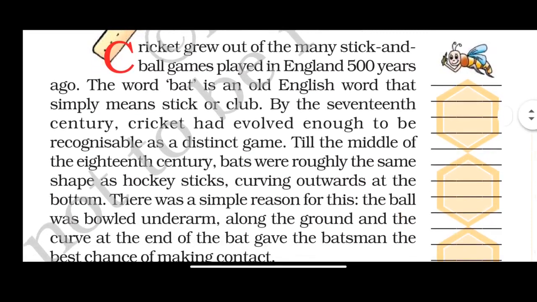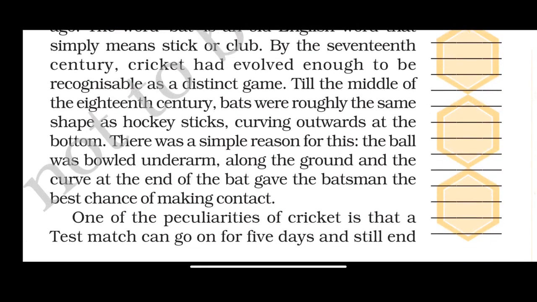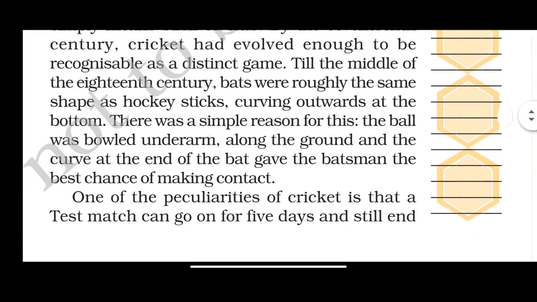So, yesterday, what we have seen: that bat and ball sport came from where? From the stick and ball games, okay, which were played in England 500 years ago. Many things got changed, because earlier the bat was similar to a hockey stick, right?